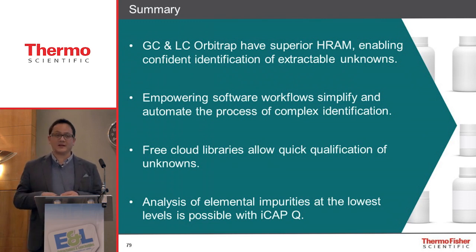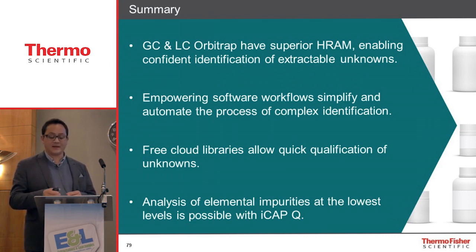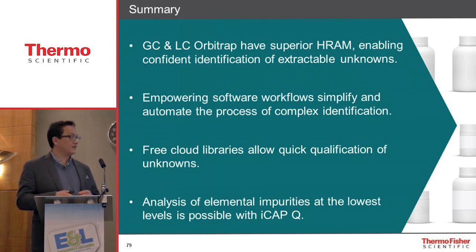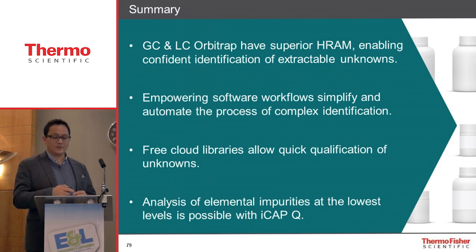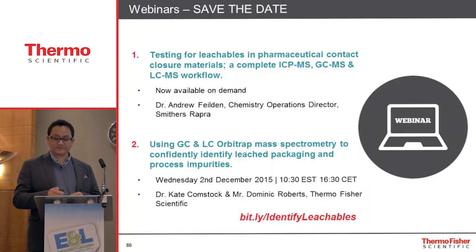As Kate mentioned, Compound Discoverer 2 is available and shipping in December. And TraceFinder is already out there and on sale. We've shown some online cloud-based libraries that HighChem are going to present in more detail today, but we've just touched upon those. And we also presented the data from the ICP-MS.